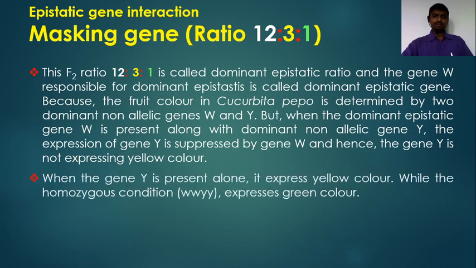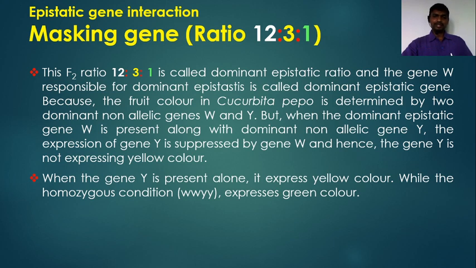When the gene Y is present alone, it expresses yellow color, while the homozygote condition, that is small w w y y, expresses green color. So when this Y gene is present alone, which is dominant, and there is a recessive w gene, then in this case it expresses yellow color.